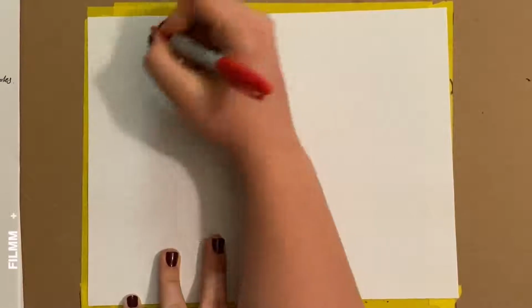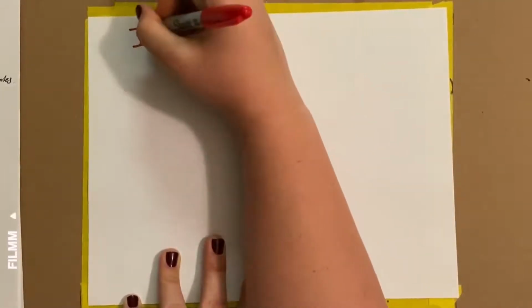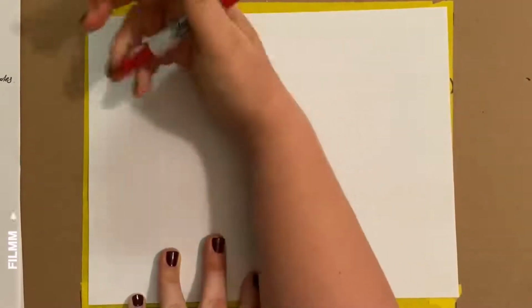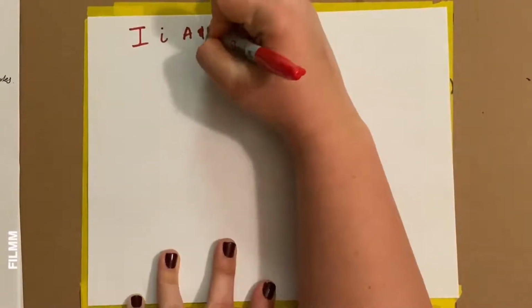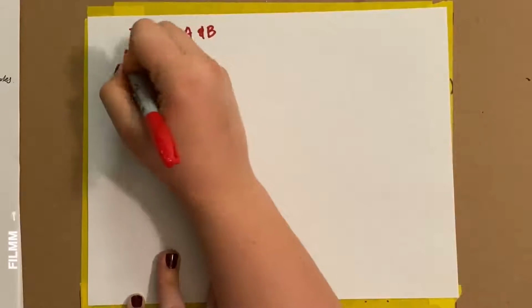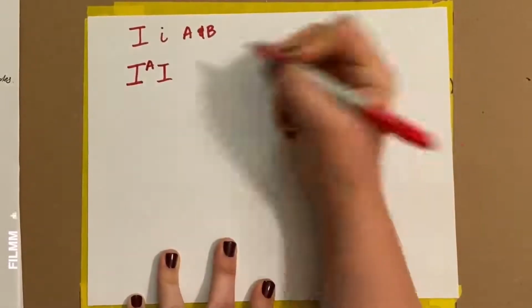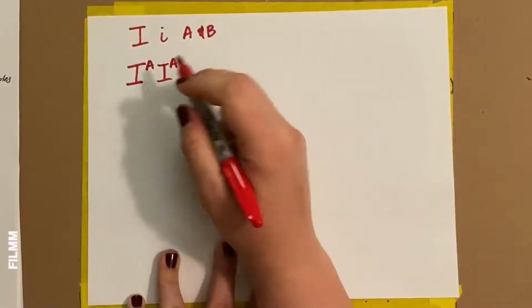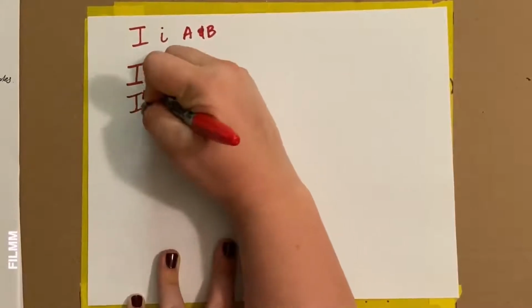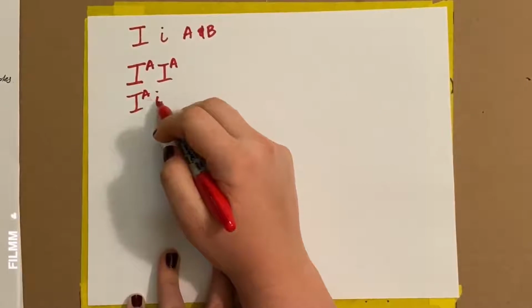We're going to use the letter I and also the letters A and B. If you're A-type blood, you can have two I-A's, or you can be I-A, little i, which is the heterozygote.